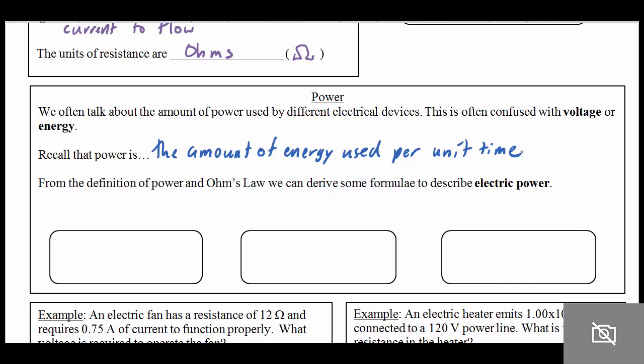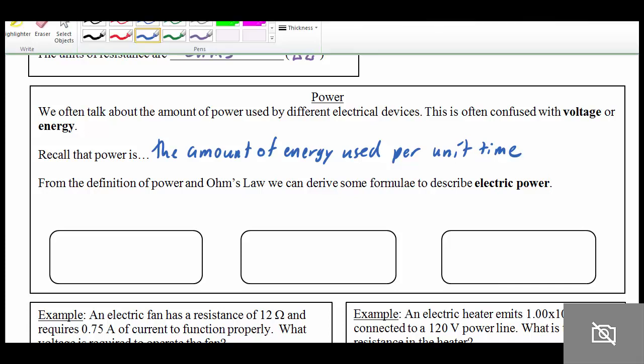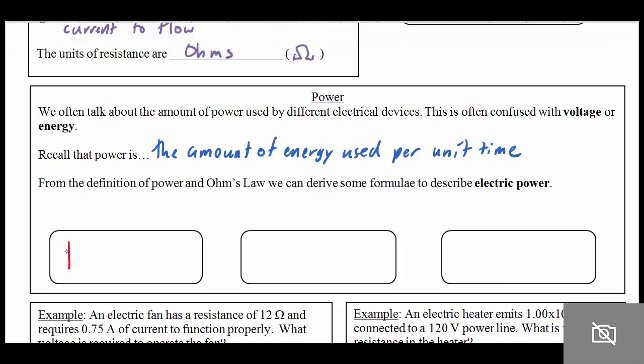And we define the electrical power as P equal to I times V, which is the current times the voltage. More current flowing, the more power is being used. The higher the voltage, the higher the push on those electrons, the more power is being used.